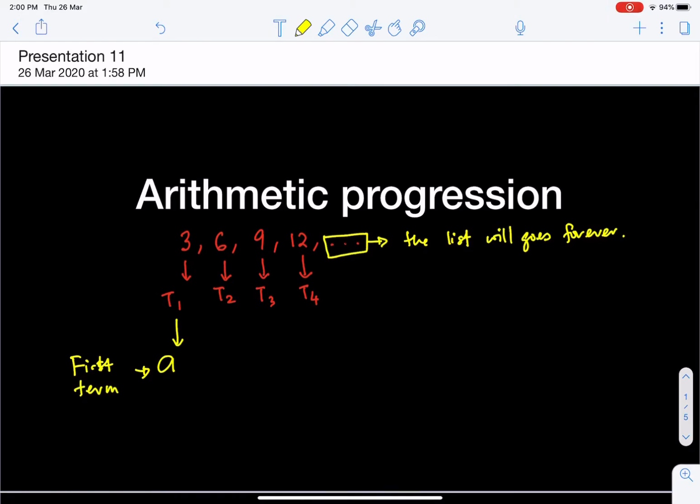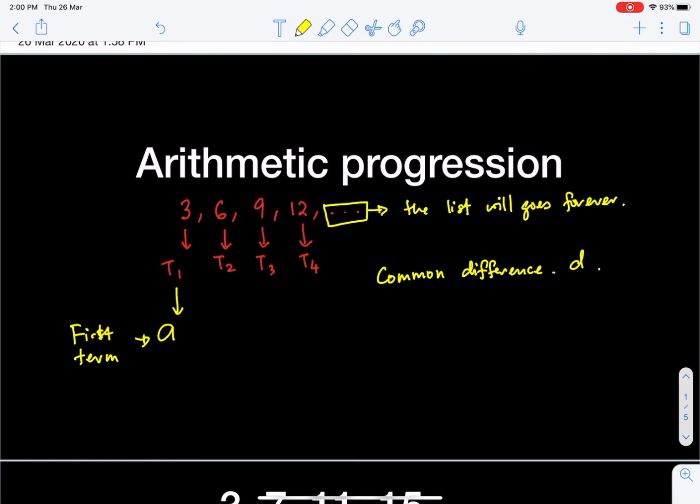Okay. Now the next one, we will have another very important characteristic for arithmetic progression. We call it common difference. Or we always write it as D, common difference. Common difference only applies to arithmetic progression.